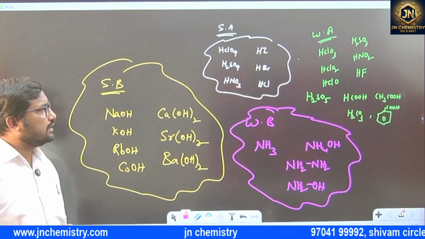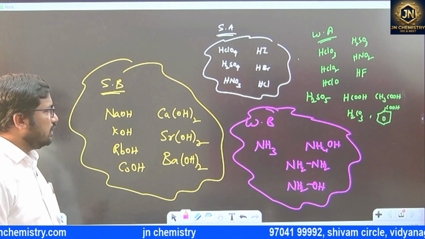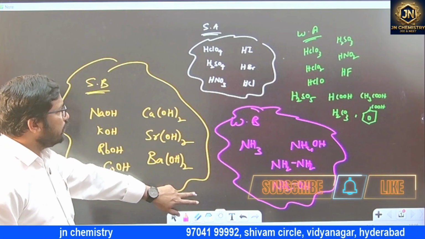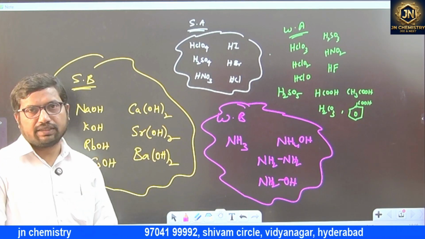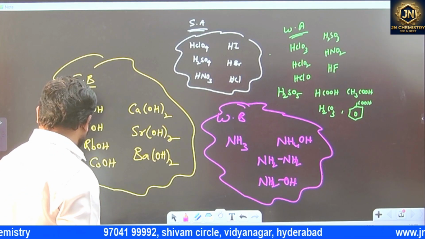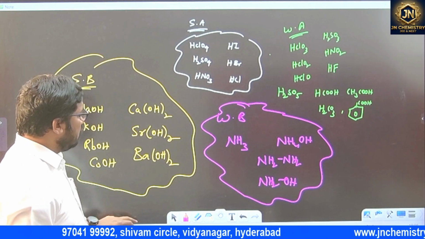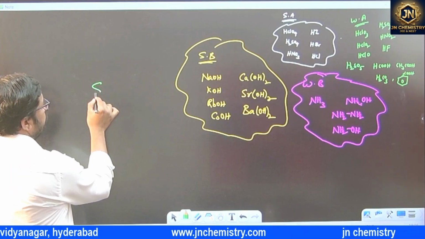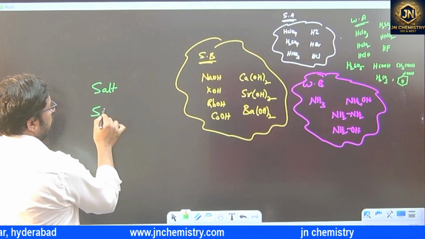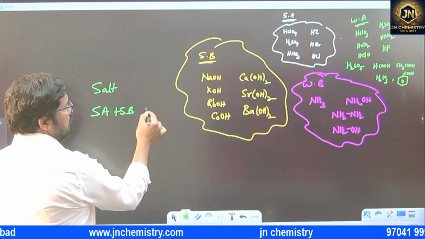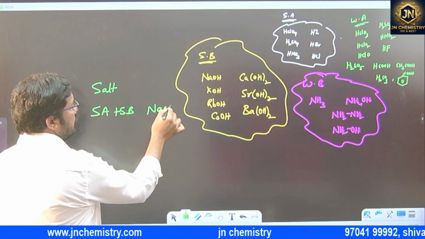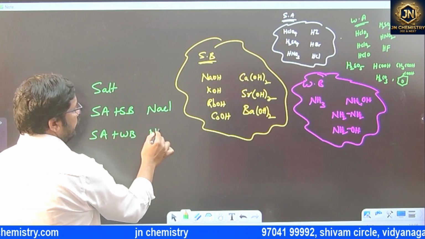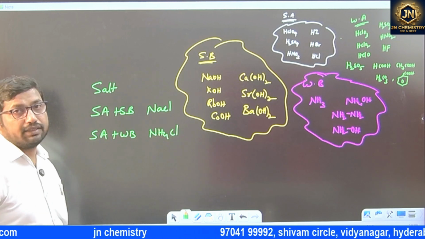Okay, strong acids, strong bases, weak acids, weak bases. First we need to know these. I already told you, right? Then afterwards we discussed salts, 4 types of salts. Salt of strong acid plus strong base, like NaCl. Strong acid plus weak base, NH4Cl is one example.